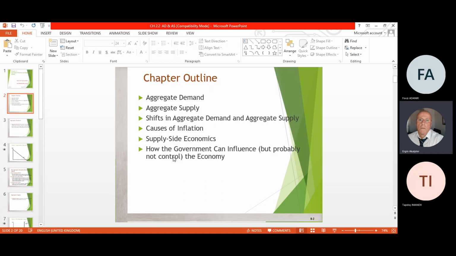After this introductory part, we will go to the shifts in aggregate supply and demand, and the causes of these shifts on inflation and on other parameters, including interest rate, because as much as inflation is in the economy, in the market, this will affect other parameters.